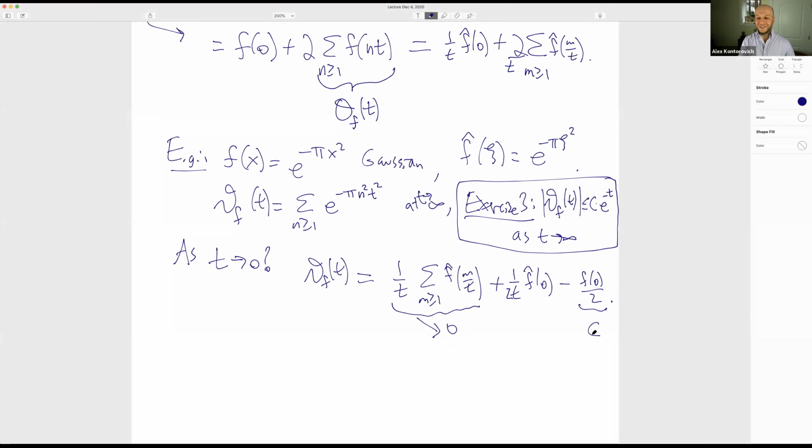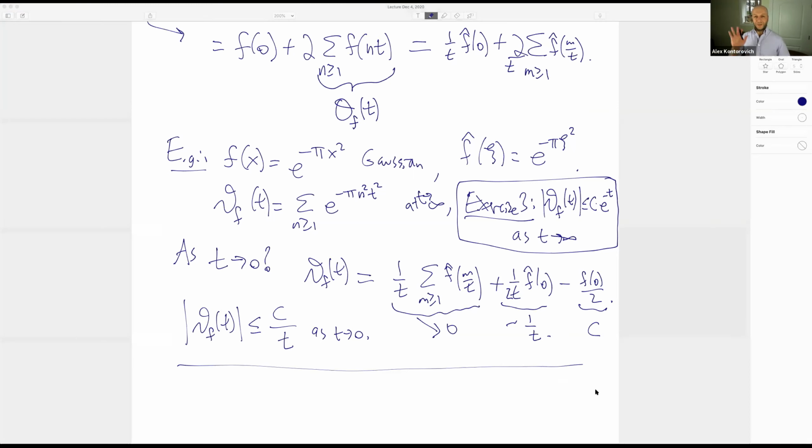This is a constant. And this, well, it does blow up, but it blows up like 1 over t. Okay, so what we can see is that theta f of t does blow up as t goes to 0, but it blows up only like 1 over t as t goes to 0. Okay, does that make sense? So far, so good?